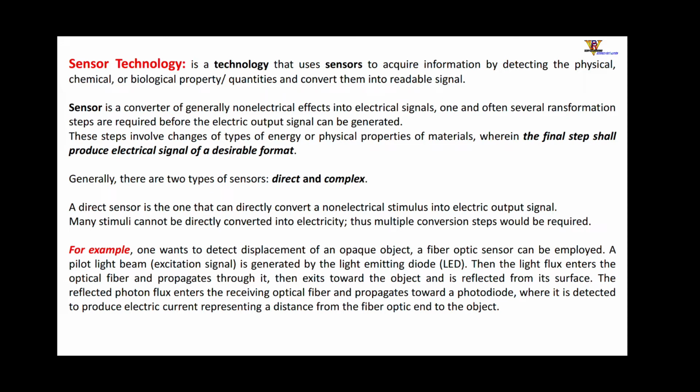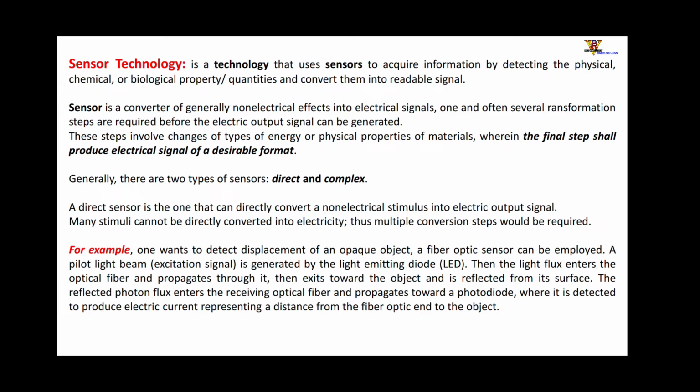Generally there are two types of sensors. We already discussed these two types of sensors in the previous lecture, direct and complex sensors. A direct sensor is one that can directly convert a non-electrical stimulus into an electrical output signal.